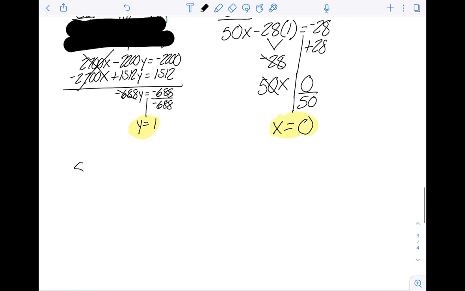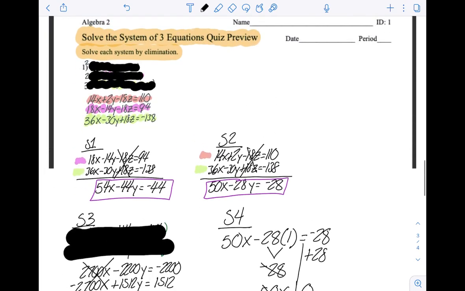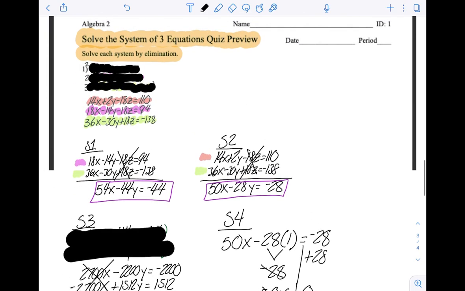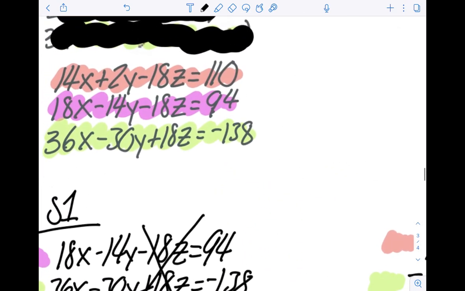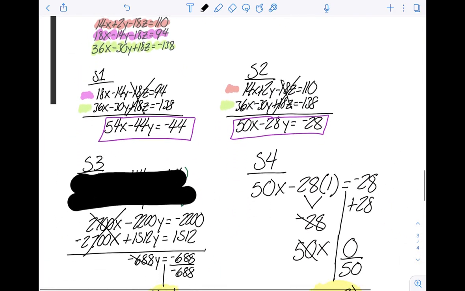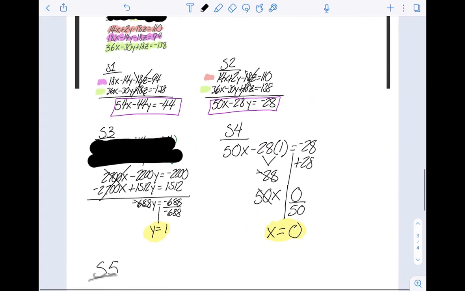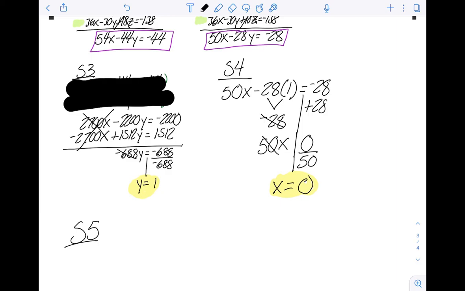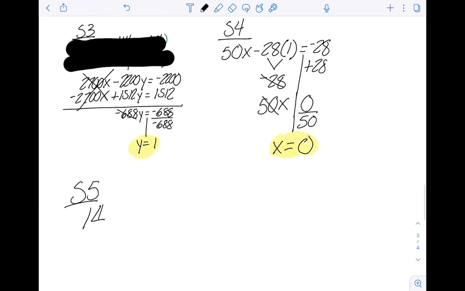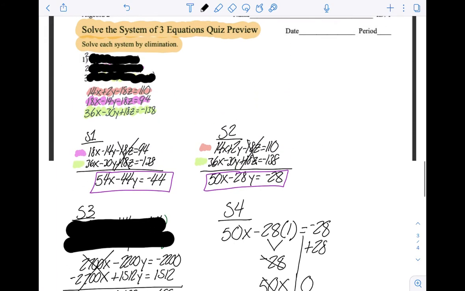Step 5. I'm going to pick one of my 3 originals here. So I'm going to pick red. Red looks like it's the smallest numbers there. So 14x. So I'm going to say 14, but instead of x, I leave parentheses because I have x already.